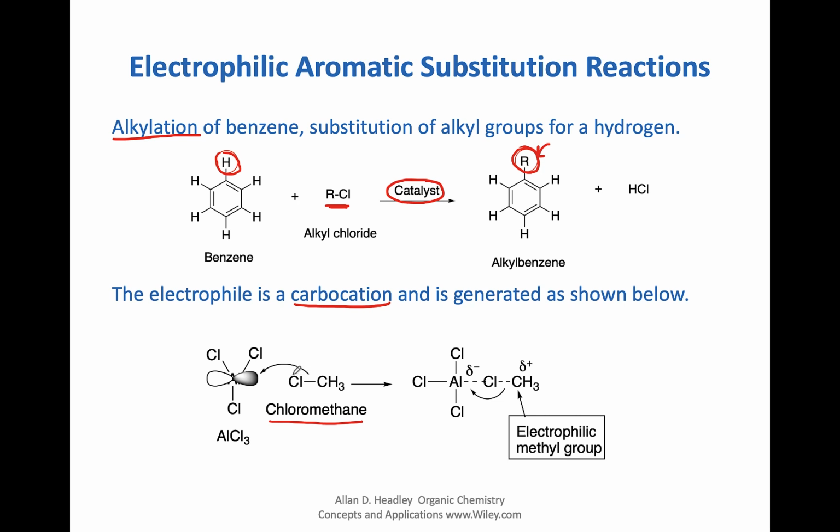As I've mentioned earlier, there are lots of electrons on chlorine, and it can bond or occupy this vacant orbital. If that happens, the electron will be pulled towards the aluminum, making it partially negative and making our CH3 here electrophilic, or more like a carbocation.